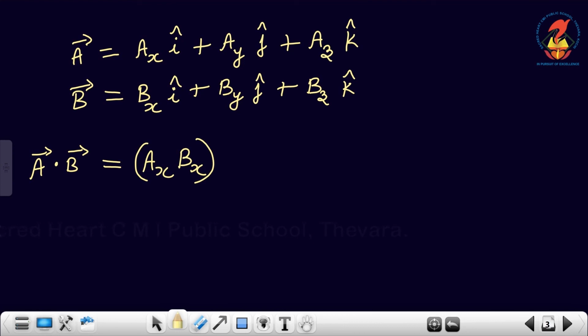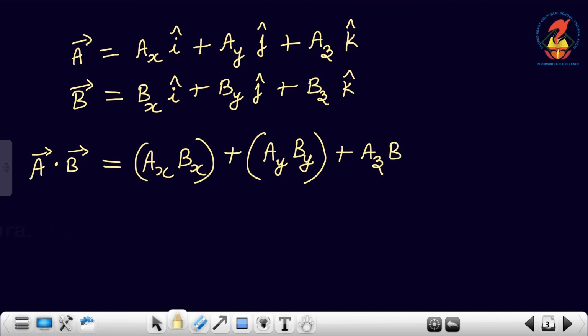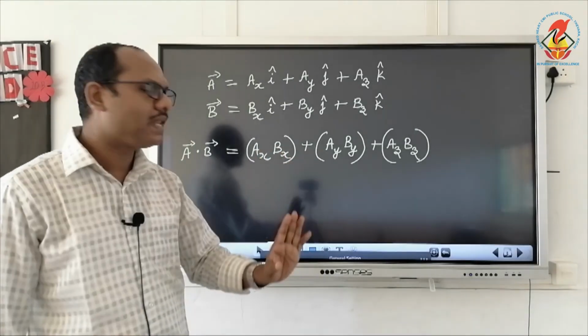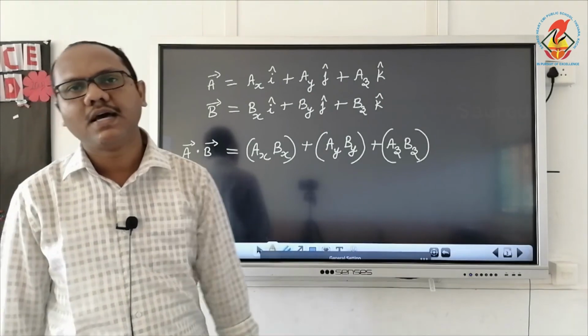So I multiply Ax into Bx plus Ay into By, again j dot j is 1, plus Az into Bz, again k dot k is 1. So we are only multiplying the like terms, and that will give you the answer for the dot product.